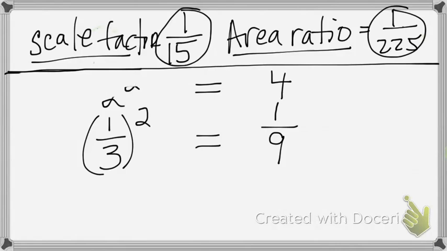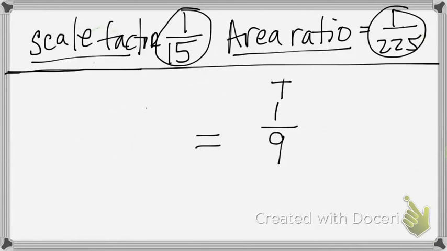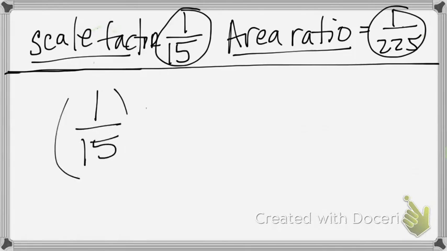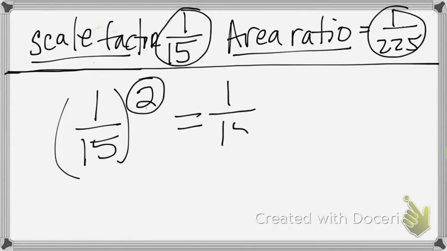Let's see if it works out for this example right here. And some of you may know whether it does or does not. So if this were true, that would mean that 1/15 squared has to equal 1/225. Okay? So how do we figure this out? Well, of course, when you square a number, you multiply it by itself. So 1/15 times 1/15, and I don't care if you don't know this or you use a calculator. 1 times 1 is 1.